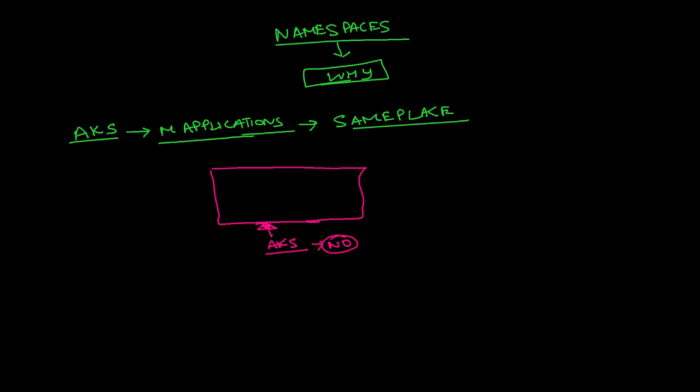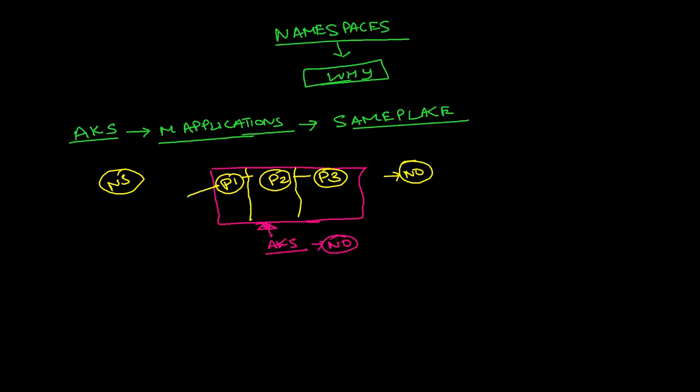Say one pod for application 1, the second pod for application 2, the third pod for application 3. Do you think it would be a good idea to place all three applications where they can see the resources of each other? The answer is no. To overcome this kind of issue, we have to create a namespace. A namespace creates a logical separation inside my AKS cluster.